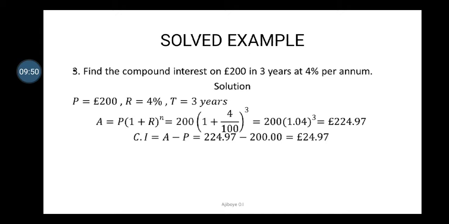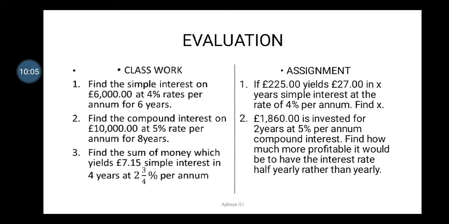So the compound interest is A minus P, and that is 224.97 minus 200. Therefore, our compound interest will be 24.97 pounds.